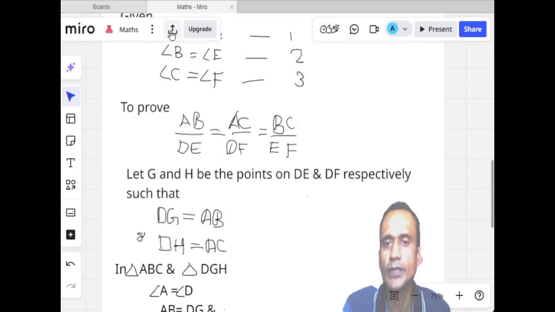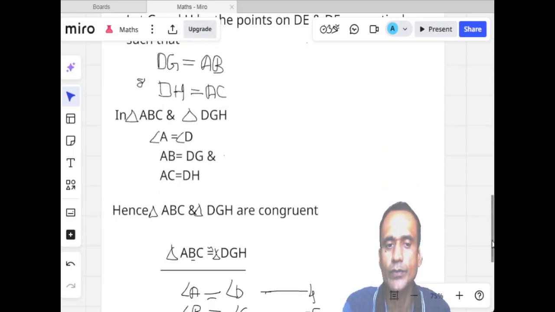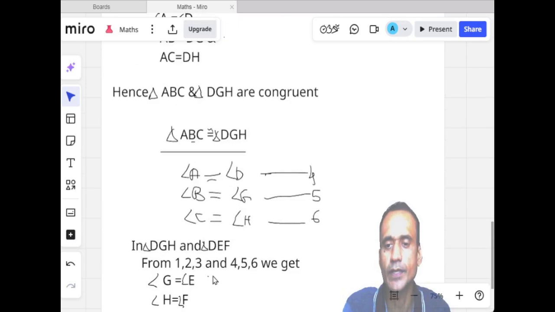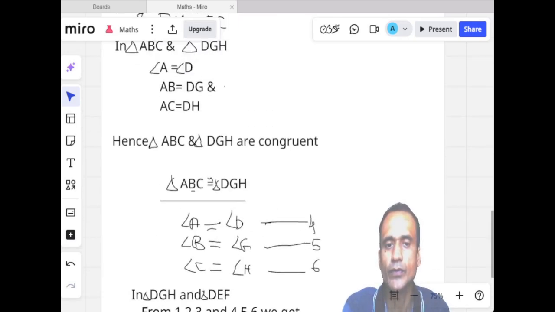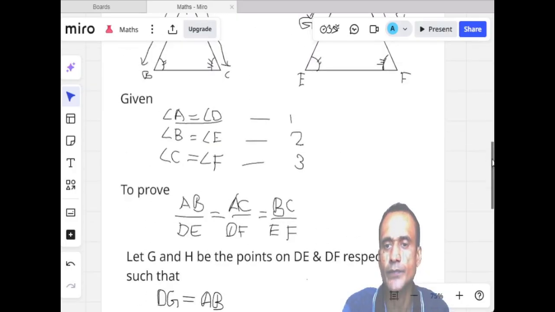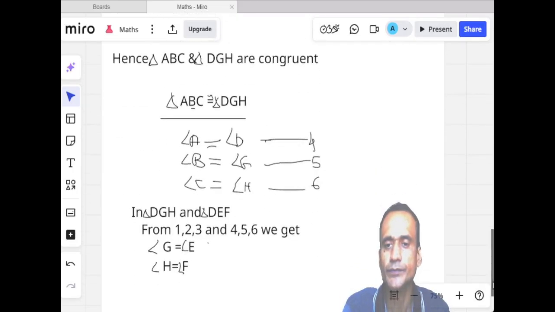B is equal to E. Here we get B is equal to G. That means G is equal to E. Similarly, from equations 5, 3 and 6, we get C is equal to F and C is equal to H. That means H is equal to angle F.